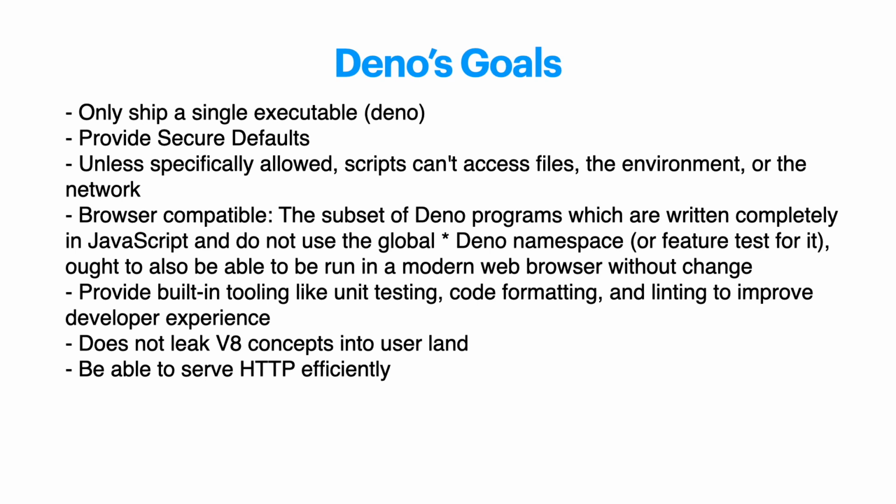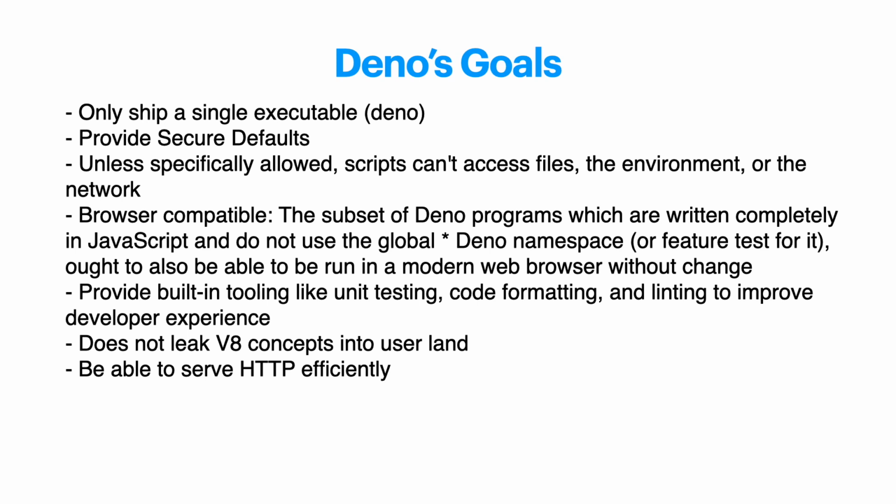So here are Deno's goals and what it's trying to achieve. It only ships a single executable, deno, and it provides security by default. Unless specifically allowed, scripts cannot access files, environment, or the network. And it is browser compatible.